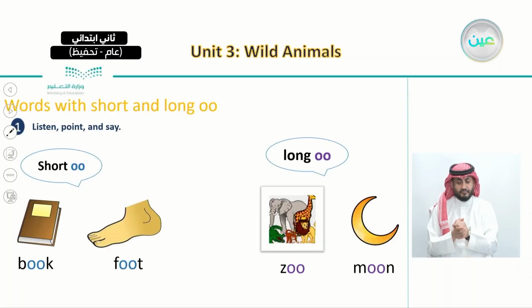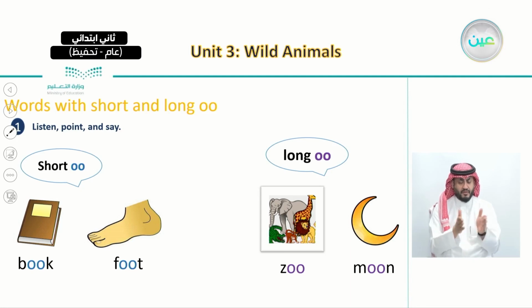So let's listen to examples of words that have the short form of double O. Words that have two O's with the short form, words like book, book, and also foot, foot.